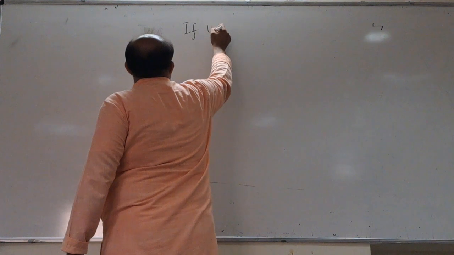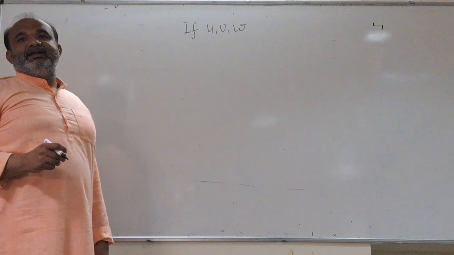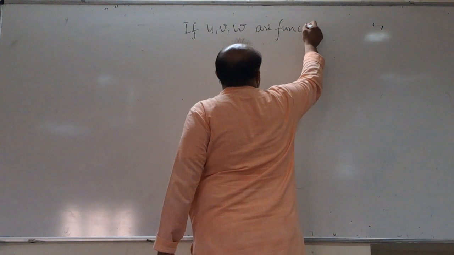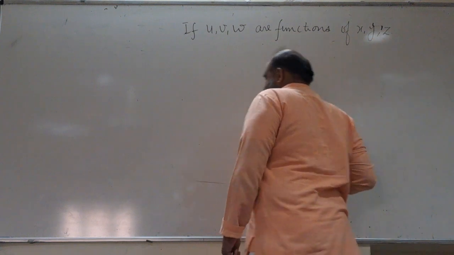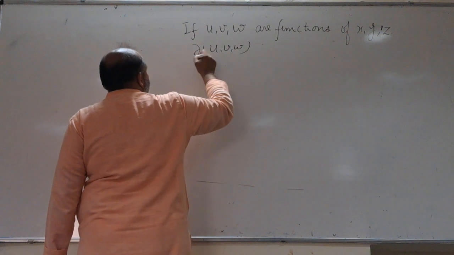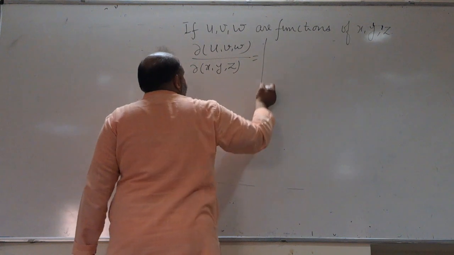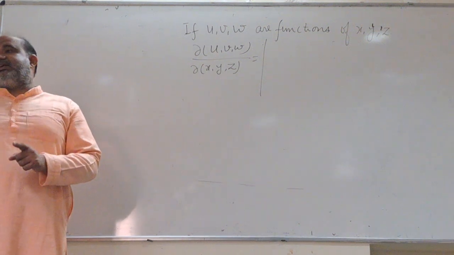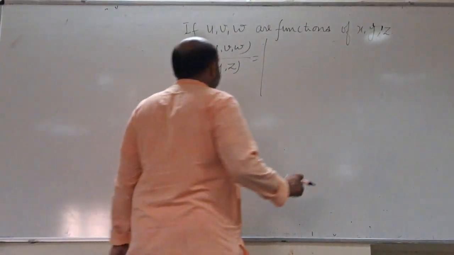If u, v and w are functions of x, y and z, then Jacobian of u, v, w with respect to x, y and z will again be a determinant of order 3 by 3. Earlier it was 2 by 2. So what will it be?